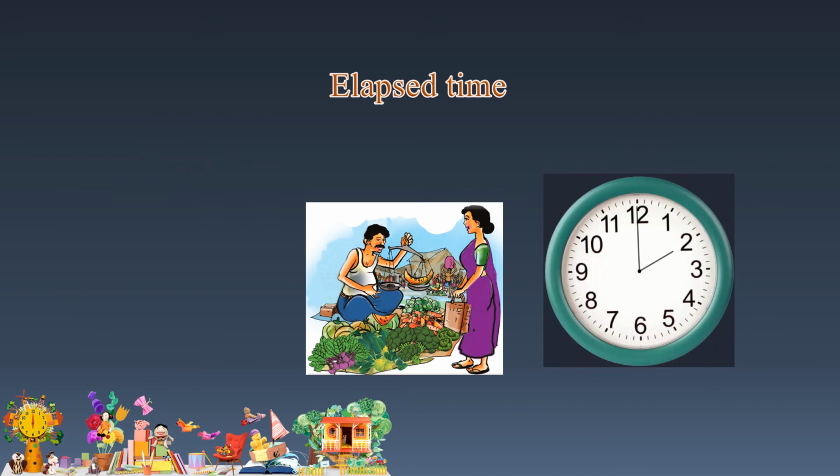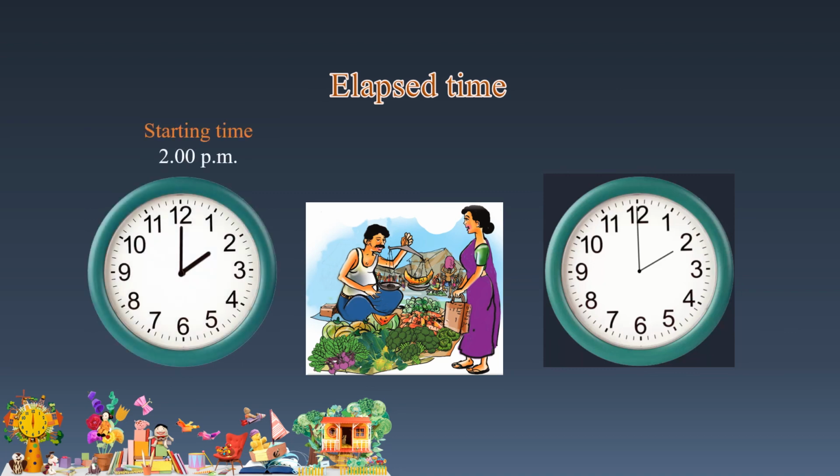Now this is Mrs. Pereira. She has been to the market to buy some goods. So she has started buying goods at 2 p.m. and she has ended her work at 3:30 p.m. So now we are going to find the elapsed time. That means the time which is taken for this activity.